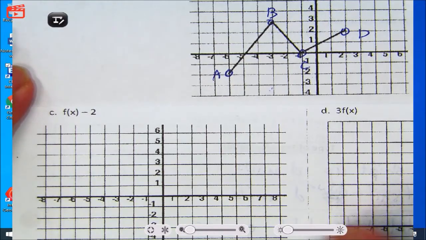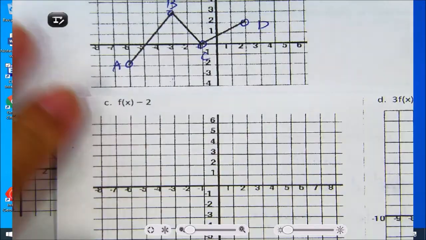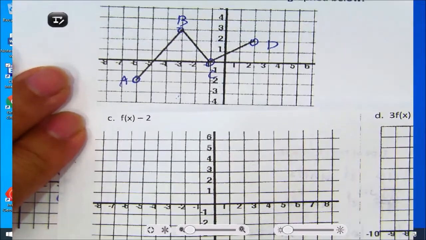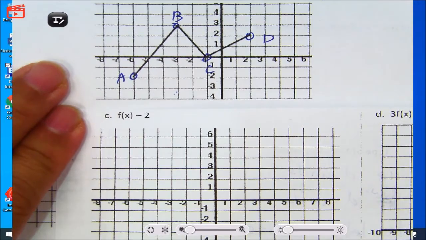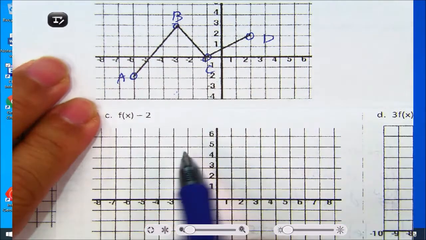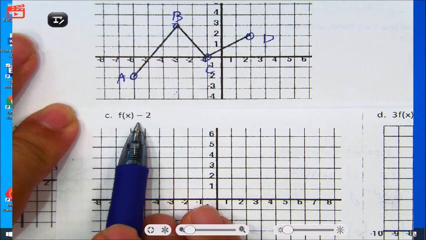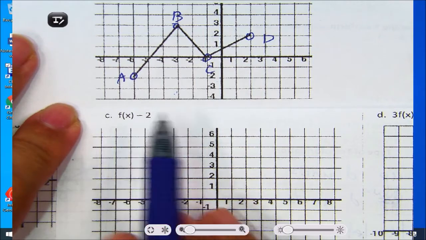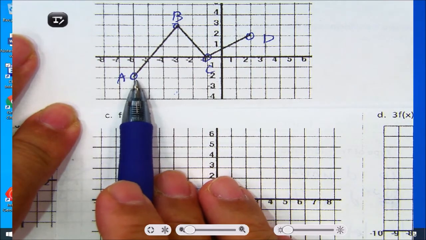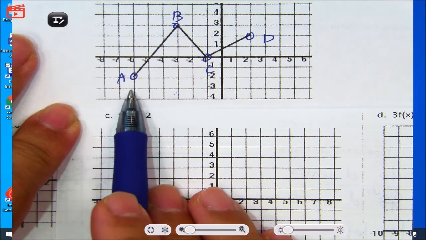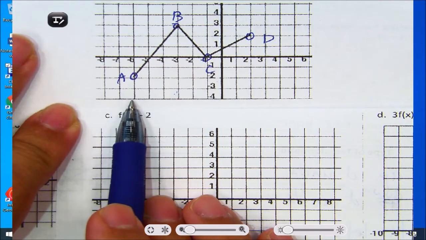All right. So we are now looking at C. This is on the back. So this one, what kind of transformation is this? Down 2. We're doing a vertical shift down 2. So you're going to take A, and now you're going to change the y values. So it's going to go from -2 to -4.